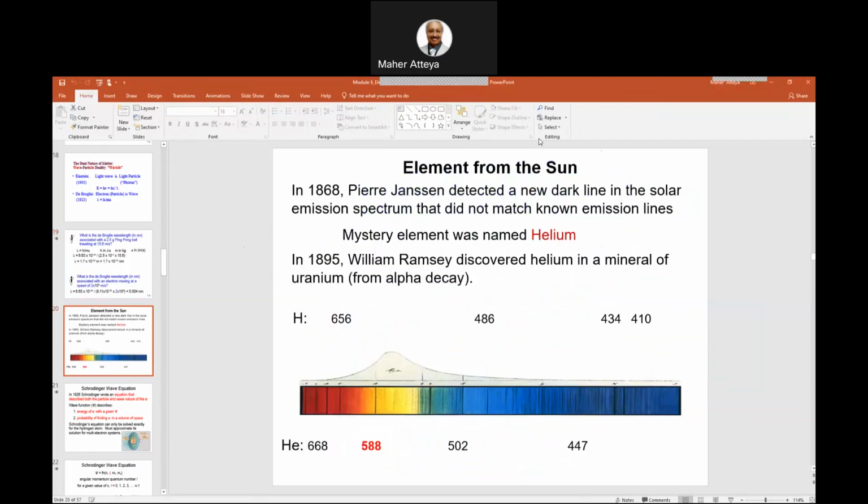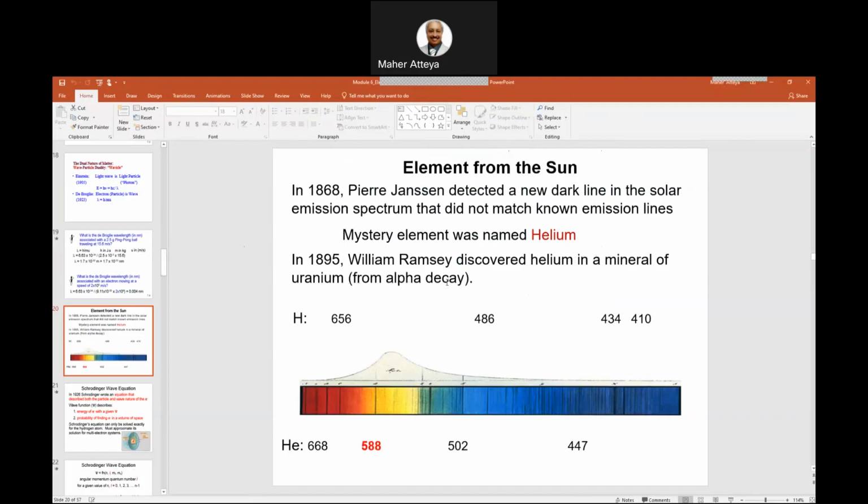So now, element from the sun. Well, helium was discovered on 2 occasions. One time was radiation coming from the sun, in 1868. And then the other is from the mineral uranium.